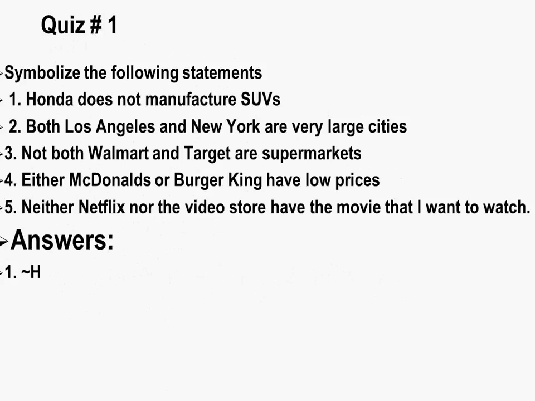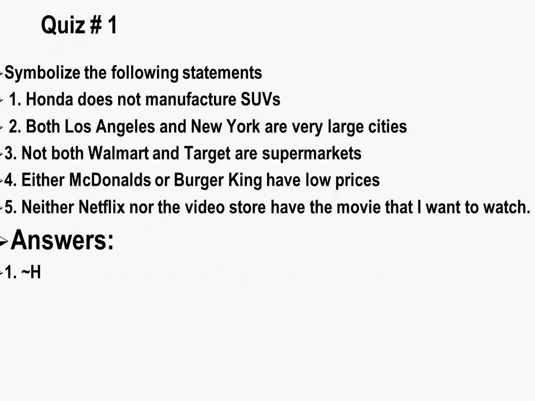Number 1 is tilde H. Honda does not manufacture SUVs. Notice that there's the word not, so that should signal negation. If we let H symbolize Honda manufactures SUVs, then Honda does not manufacture SUVs would be symbolized by not H. By the way, I chose the letter H to represent that specific statement, but any letter can be used.